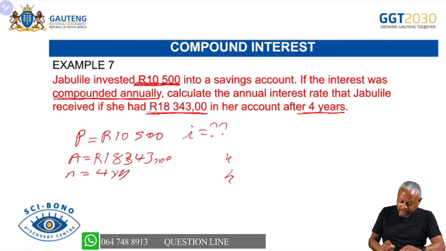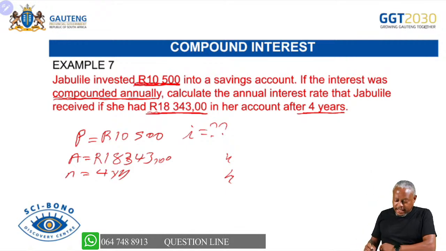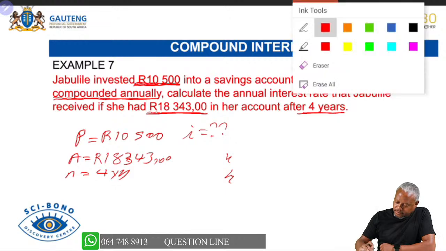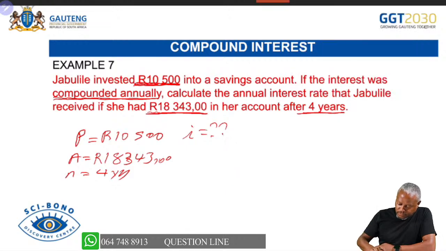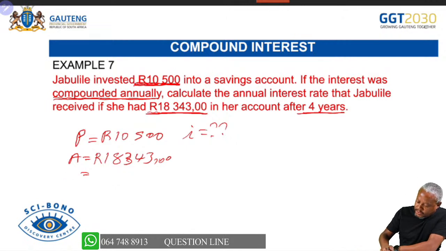If you have calculated this one, you can find the principal having this. We can find the number of terms having this. So this is what you need to do when you formulate your data. Let me erase this one. So all you need to do, you need to have this before you solve this problem.